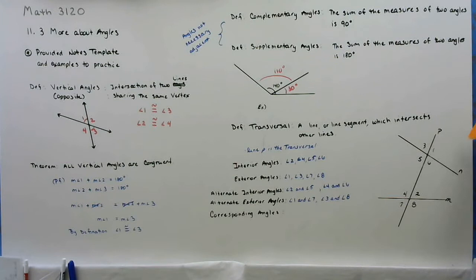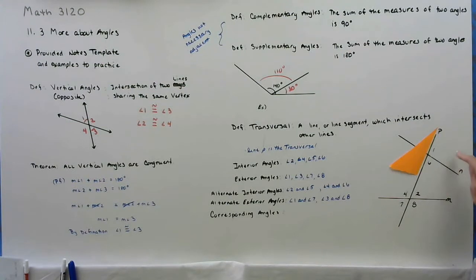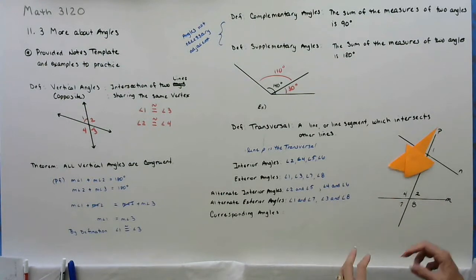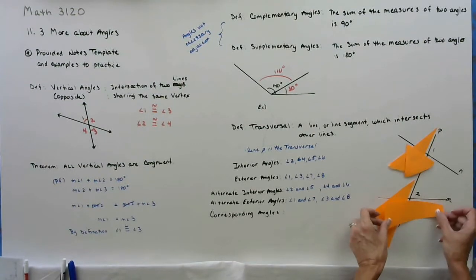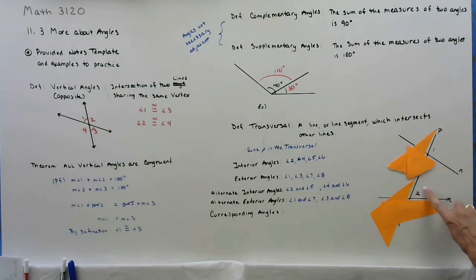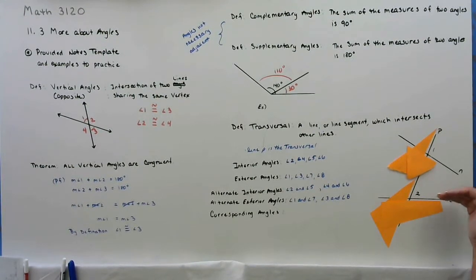It is on the right side of the transversal, and it is above line N. So I want to find another angle that is on the right side of the transversal above line M. So you'll notice that angle 1 and angle 2 are corresponding because they are located in the same position. Both of them are to the right of the transversal and above the other line.